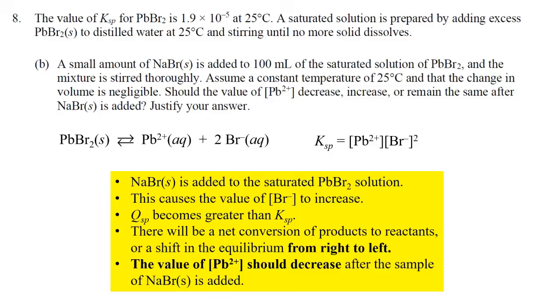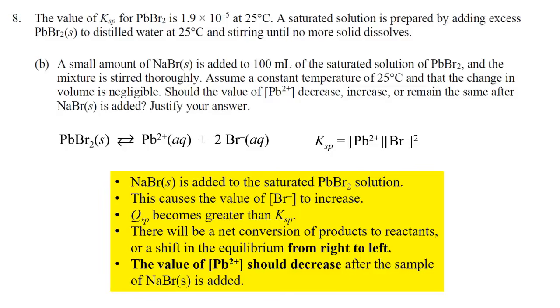So another way of answering part B is the following. Solid sodium bromide is added to the saturated lead bromide solution. This causes the value of the concentration of the bromide ion to increase. Q becomes greater than K for this solubility equilibrium, and there will be a net conversion of products to reactants or a shift in the equilibrium from right to left.